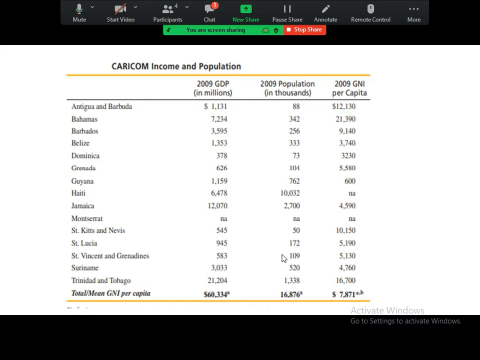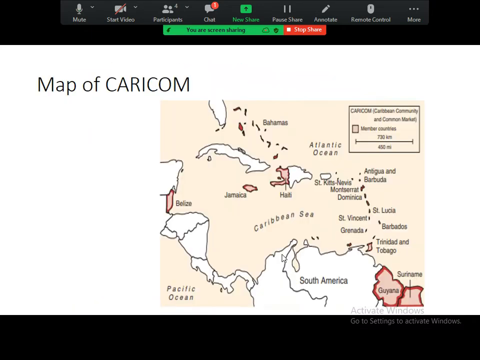The English-speaking CARICOM members in the Eastern Caribbean are also concerned with defending their privileged trading positions with the United States. The status dates to the Caribbean Basin Initiative, that is CBI. CBI means the Caribbean Basin Initiative of 1984, which promoted the export production of certain products by providing duty-free US market access to a total of 20 countries, including the members of CARICOM.